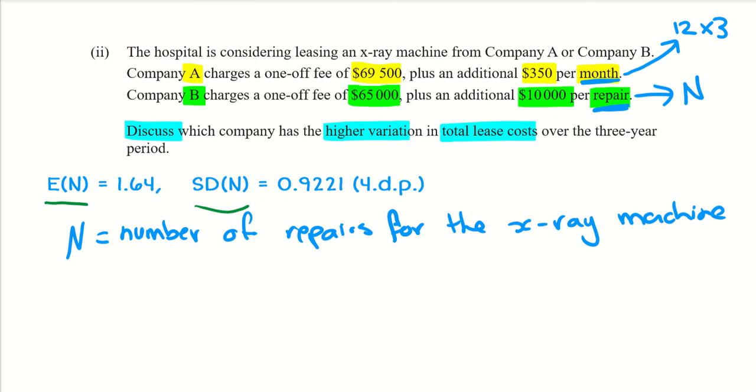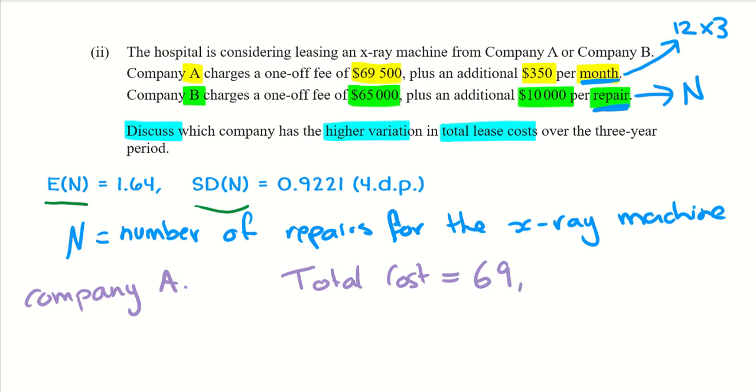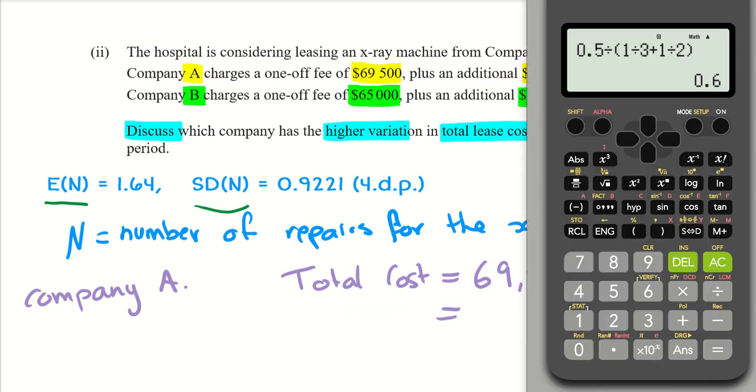So let's write ourselves a couple of equations. I'm going to start with company A. If I had to work out the total cost for company A over this 3-year period, it has a one-off fee of $69,500 plus $350 per month, so 12 months per year for 3 years.